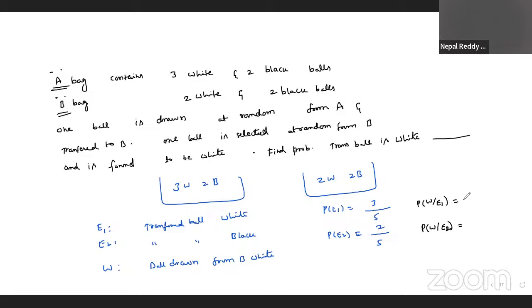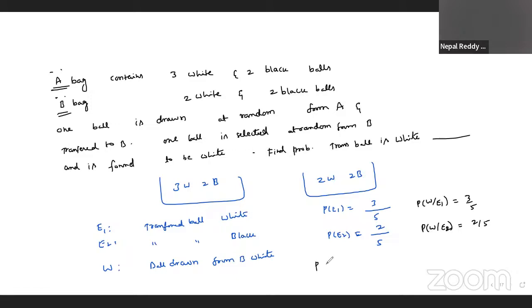Probability of W given E1 is 3 by 5. Why? Because it is W intersection E1 divided by P of E1, and P of E1 is already 5C1. So 3 by 5, and probability of W given E2 is 2 by 5.